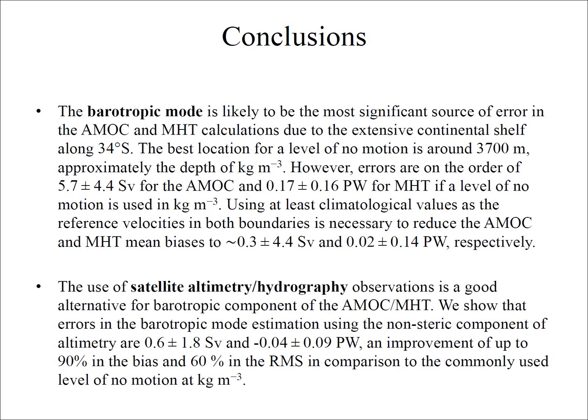Probably 3,700 meters is a good representation for the level of no motion, although there are errors associated. And the satellite altimetry could be one good approach to improve this methodology and the barotropic component estimate. Thank you.